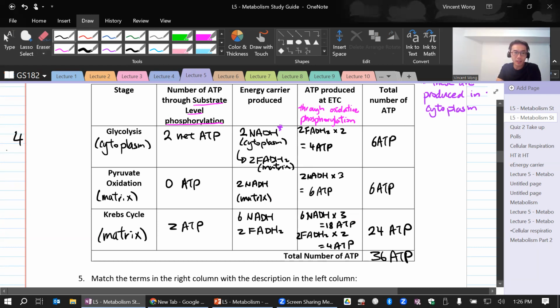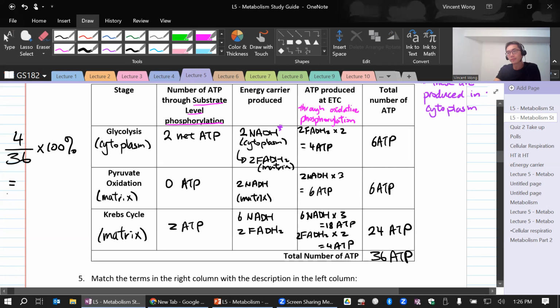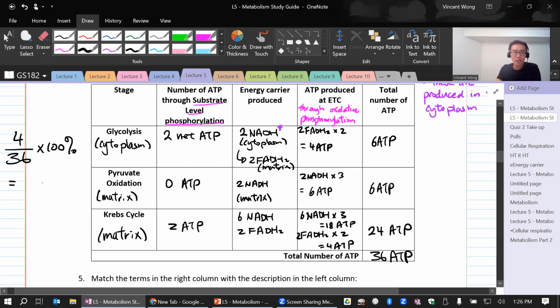If you have a calculator, why don't you take 4 divided by 36 and times 100%? What does that give you? That's right, RJ, 11.11%.